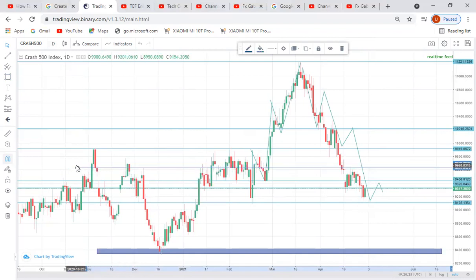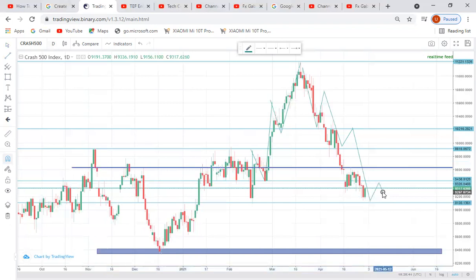I'm going to do more analysis on the 4 hour, but for now, let us use the daily time frame. So I'm expecting price to reach this place and give us some little pullback. But this is where I am targeting this pair to move up to.